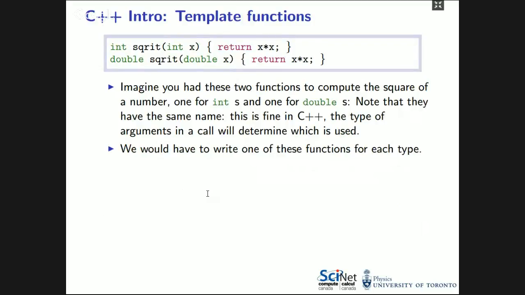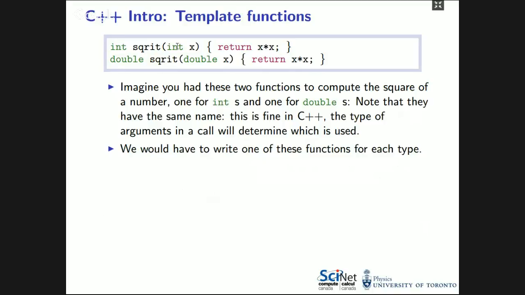So this can also be used for functions. So you could have a function that works for an integer and a double, and they're exactly the same. This squares x. Without templates, I need two functions because the return type and the argument types have to be specified. They have to be ints. They have to be specific types.